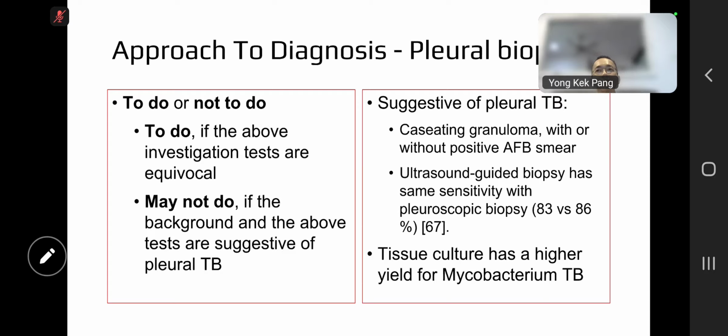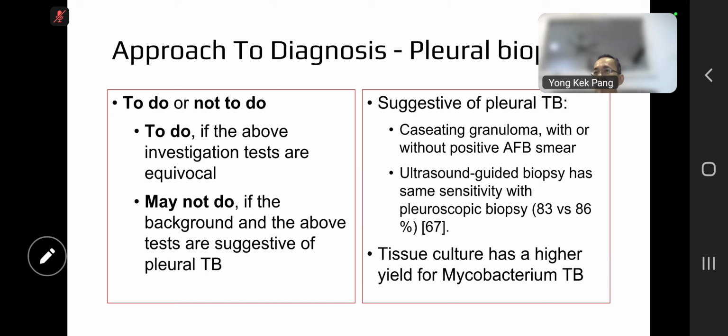If pleural biopsy is performed, normally we look for caseating granuloma, whether you can see the AFB smear in the histological sample or otherwise.